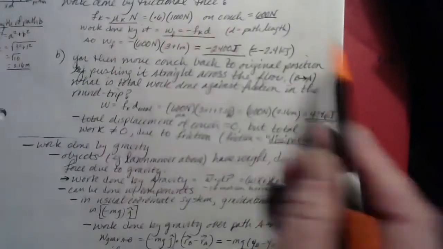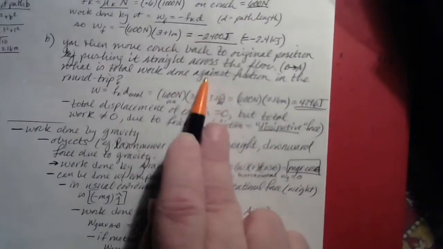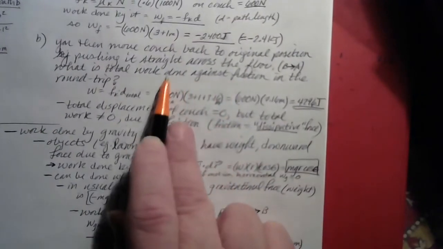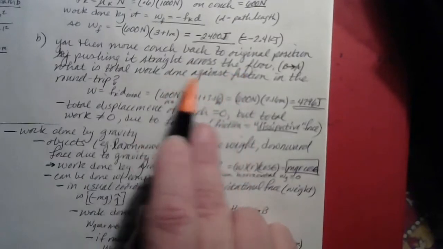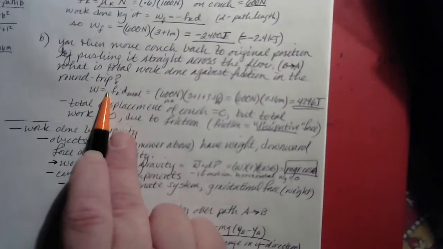So that's the amount of work you had to do. Let me see how it asks the question. Oh yeah, okay. In this case, notice how the wording goes: what is the total work done against friction in the round trip? That's why there's no negative sign here, because this is the work you're doing to overcome friction.